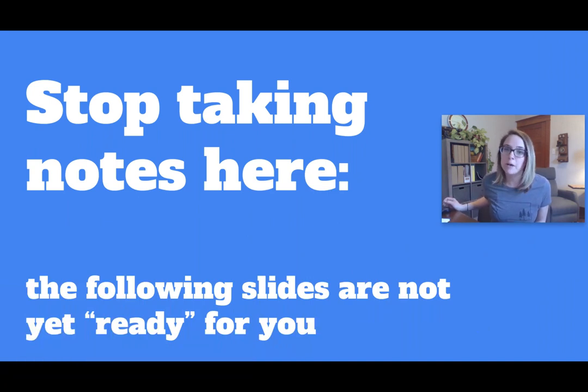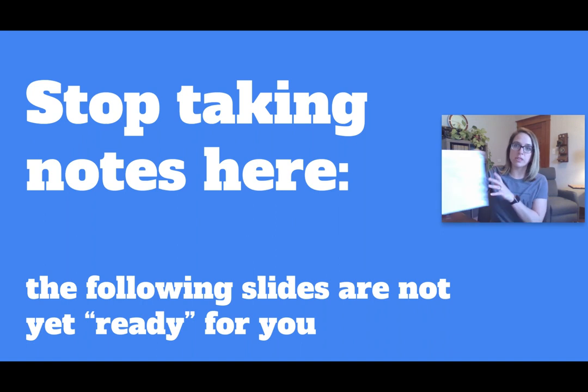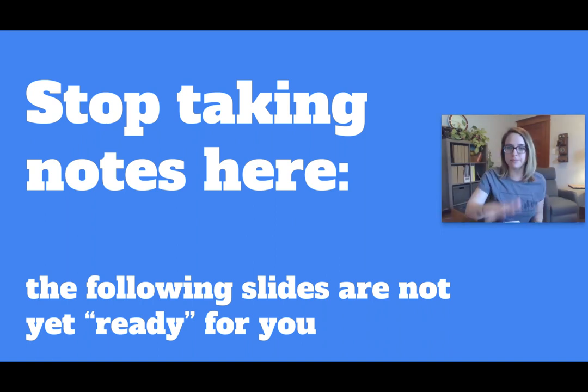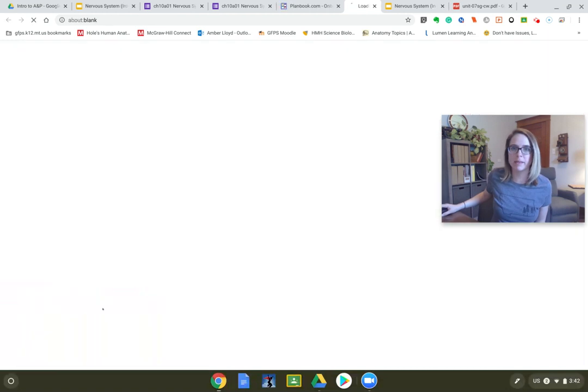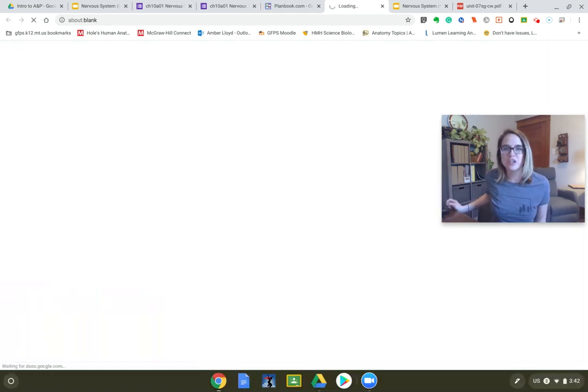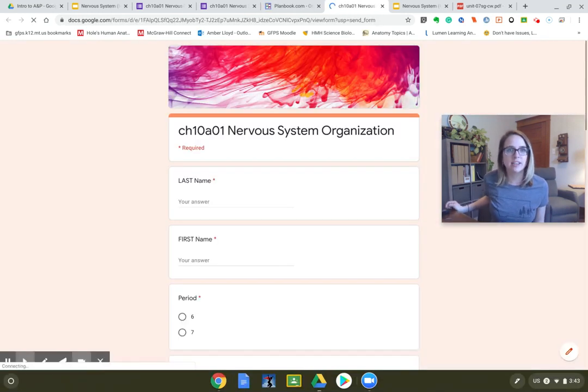So after you've had these notes taken down on the back side of your packet, I want you guys to possibly read in your textbook and go finish your homework assignment, which is linked in Plan Book for you. If you go back to Plan Book and click this, it'll take you right to that homework assignment.